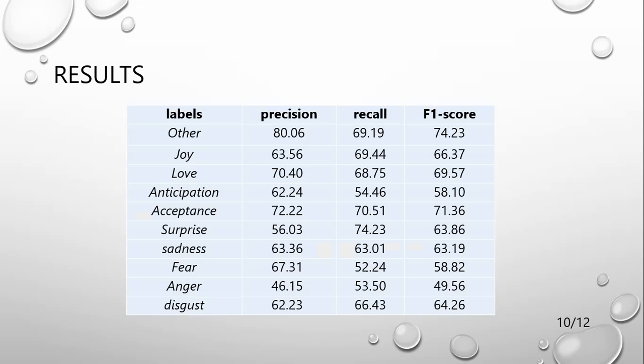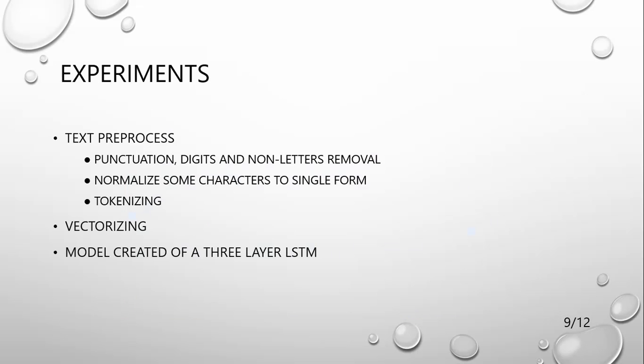The results of the study are depicted in this table, and it can be seen that, for example, the anger class has the lowest F measure, and it's maybe because of the nearness and similarity between the anger and disgust classes.